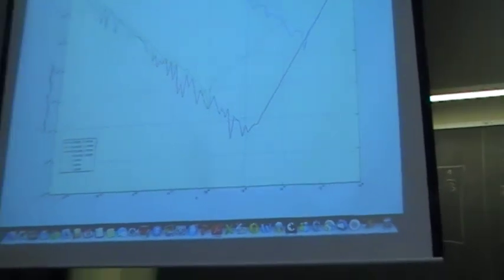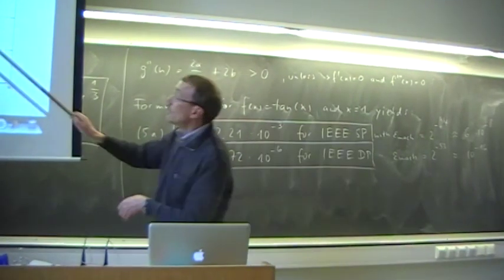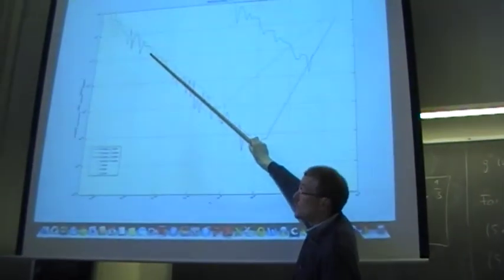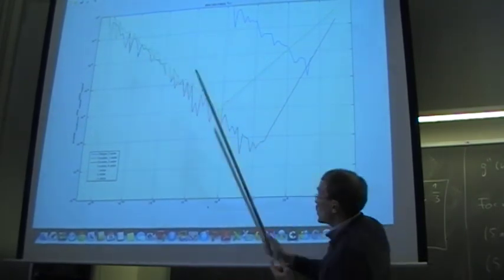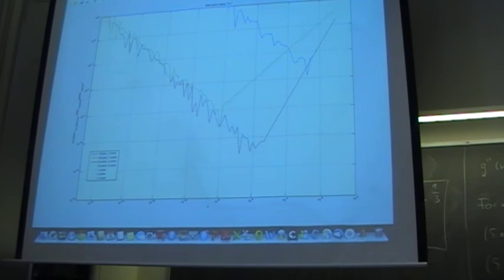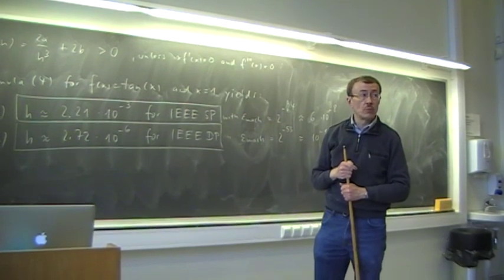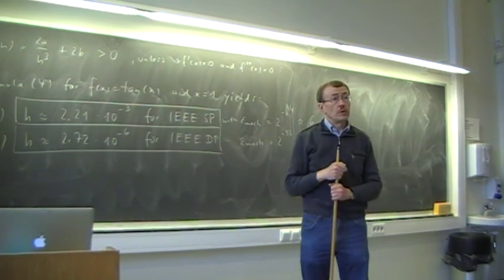From here on, the error increases with 1 over h, because of the rounding error. So we can conclude that our analysis predicts quite well what we observe in the computations. The minimum of the total error is predicted quite well. Okay, so we stop here for a 15 minute break.